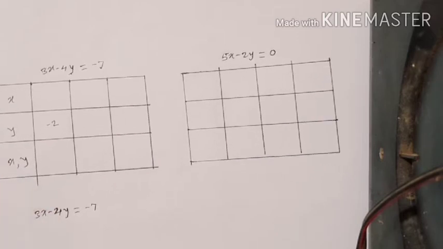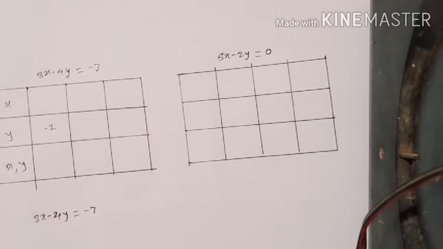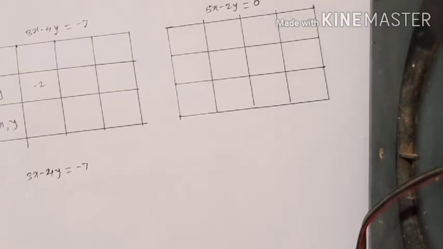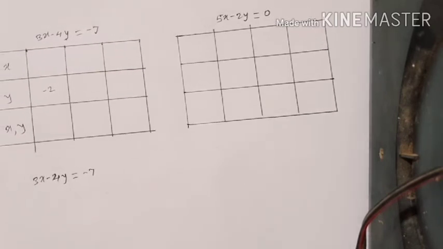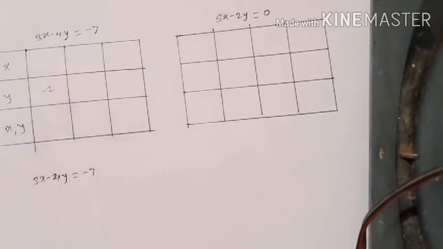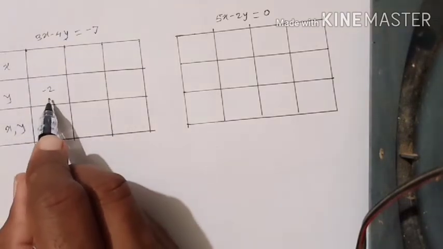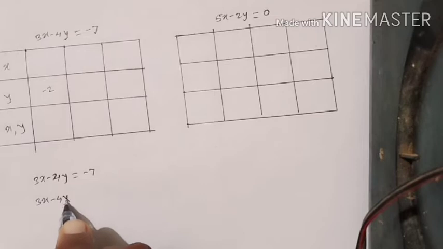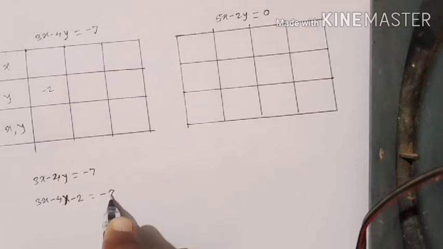How to calculate it? See here, I will help you understand the first value. By substituting the value of y as -2, here 3x minus 4y, or -4 into -2 is equal to -7.